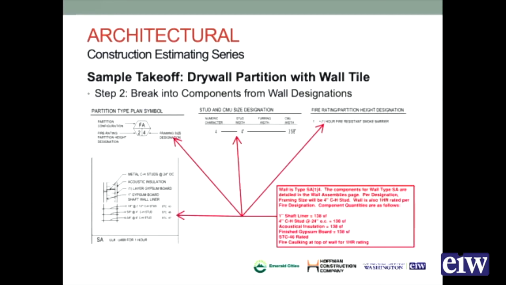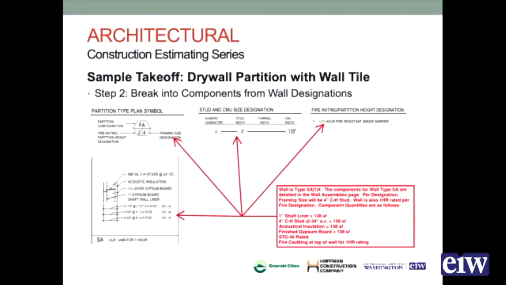Then we'll need to start looking at the pieces of the assembly. And this particular wall is actually SA, and it's 1 and 4. And what that 1 means, looking at the key here, is that the 1 is the fire rating. So we know we have a 1-hour rated wall assembly. The 4 is the framing size designation. So if we go back to our stud and CMU size designation, we see that 4 means that we have a 4-inch stud wall.